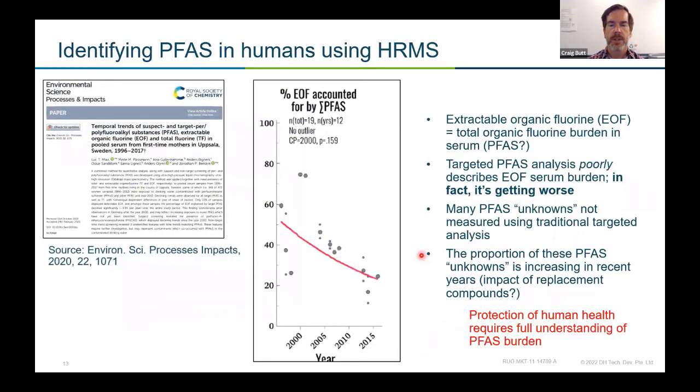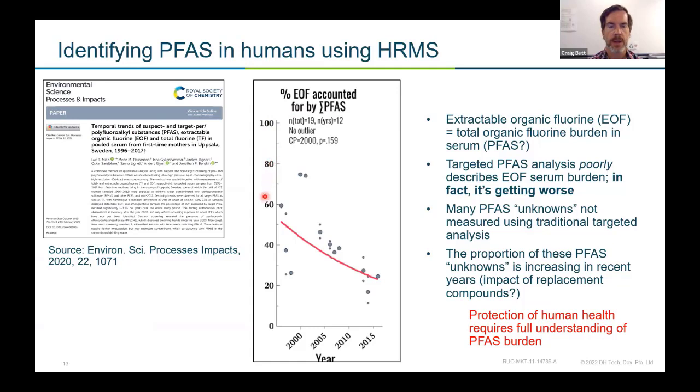This is a really interesting graph, and I'll take a minute to explain it and why I think it's important. This EOF, or extractable organic fluorine, is a measure of the total PFAS in the serum.